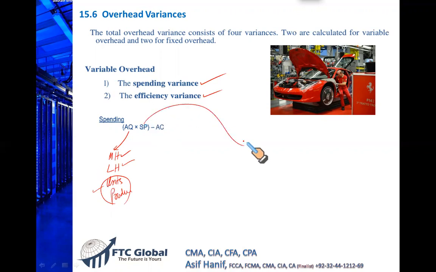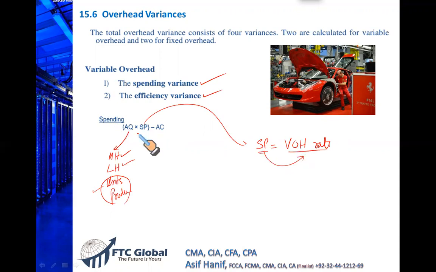Please listen to me very carefully. This SP is the variable overhead rate. This is also called the variable overhead absorption rate, variable overhead allocation rate, variable overhead recovery rate, whatever you want to call it. This is the variable overhead rate.